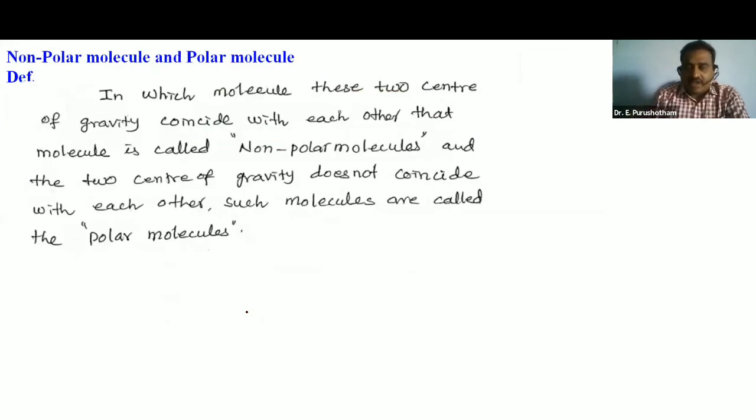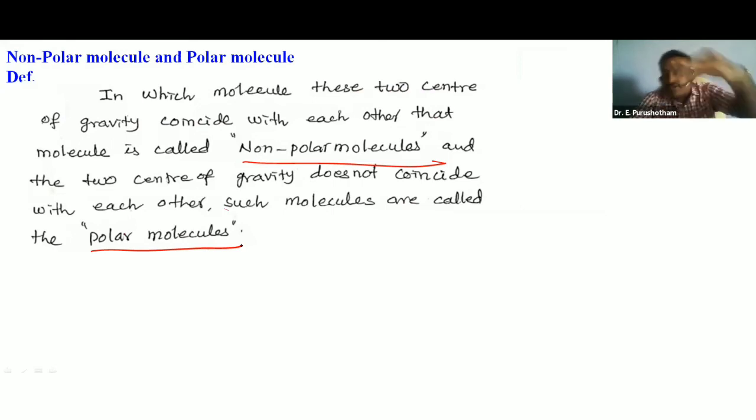So what is a non-polar molecule? What is a polar molecule? Already I discussed. In which molecule do these two centers of gravity coincide? Positive center of gravity coinciding with negative center of gravity, then this type of molecule is called a non-polar molecule.